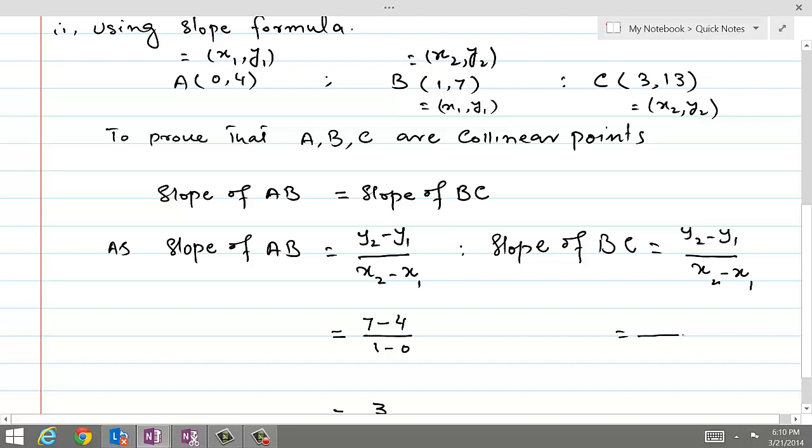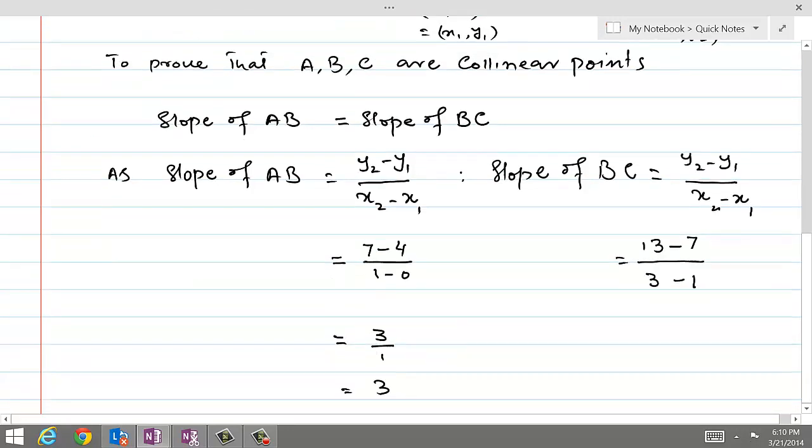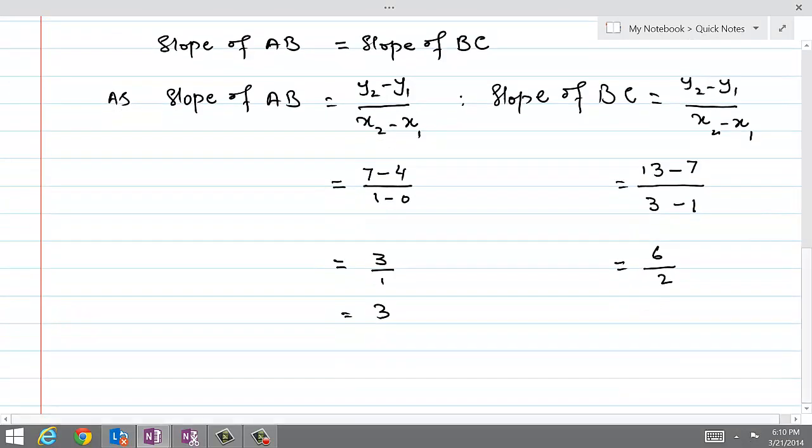So substitute the values and we will have 13 minus 7 over 3 minus 1. 13 minus 7 would be equal to 6 over 2, and this is equal to 3.